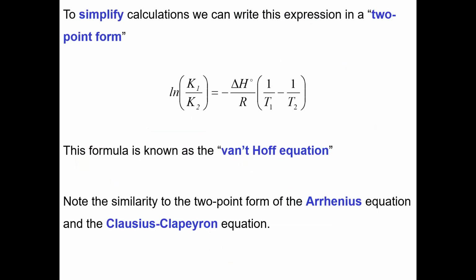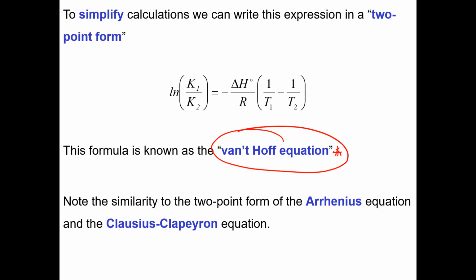This is similar to what we did with the Arrhenius equation, so I won't go through the math because we've done this before, but we can rewrite this expression in the two-point form, which is log K1 on K2 is equal to the negative of delta H on R multiplied by 1 on T1 minus 1 on T2. This formula is known as the Van't Hoff equation, and you won't actually find that term in the book, but if you're trying to Google information about this, that's the term you're going to want to look up.